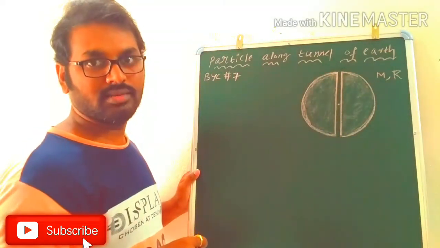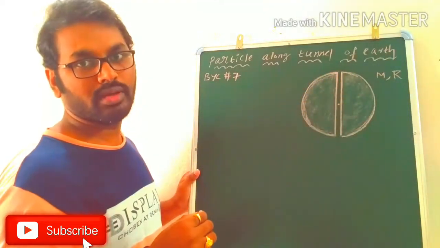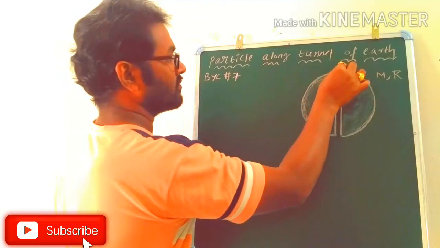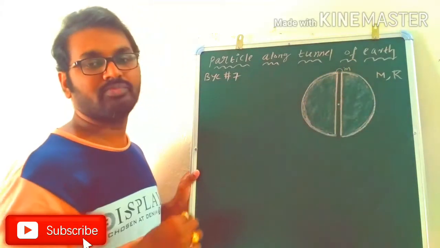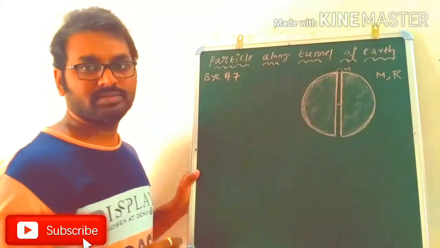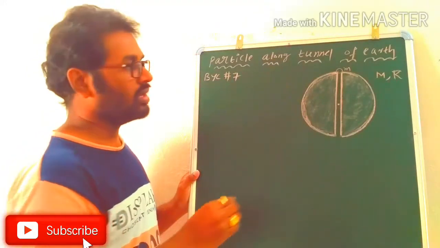is called a tunnel. And along this tunnel, if we drop an object on the surface, suppose this is the object of mass m, we are dropping it with initial velocity 0.